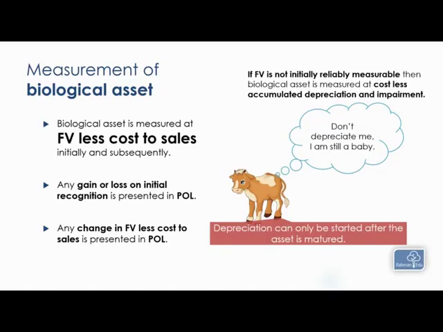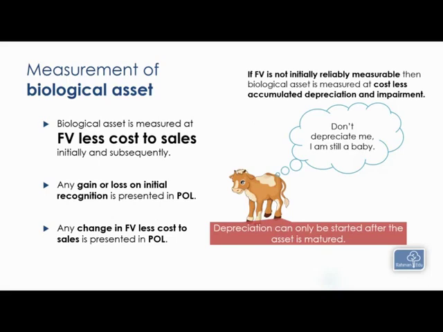IAS 41 has a presumption that the fair value of a biological asset is reliably measurable. And this presumption can be rebutted only on initial recognition for a biological asset for which quoted market prices are not available and for which alternative fair value measurements are not reliable at all.